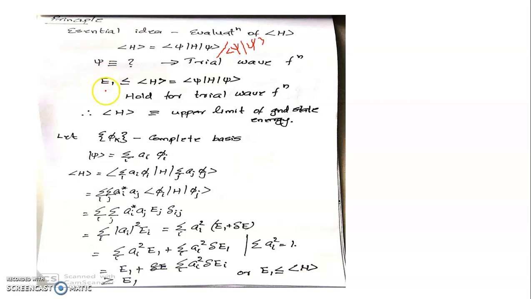If so, then you can prove that even the ground state energy of the problem under consideration will be less than or equal to the expectation value of H. This is what I have told you, that this variational method always gives you an upper bound value for the eigenvalues.